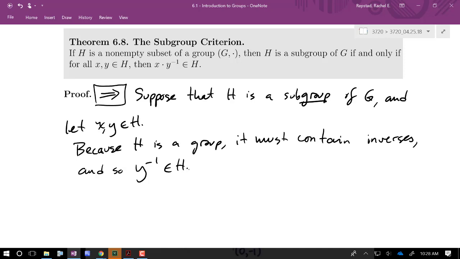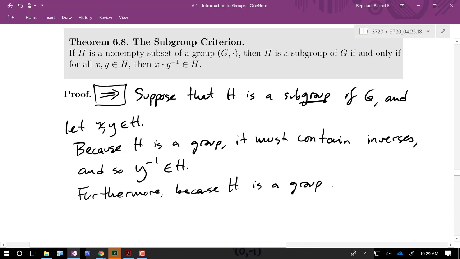And also, because H is a group, it has to be closed. So now it's closed, and that means no matter what two elements I pick, when I smash them together, it's going to stay in H. So the two elements I'm going to pick here are the element X and the element Y inverse that we said we know has to be in there.